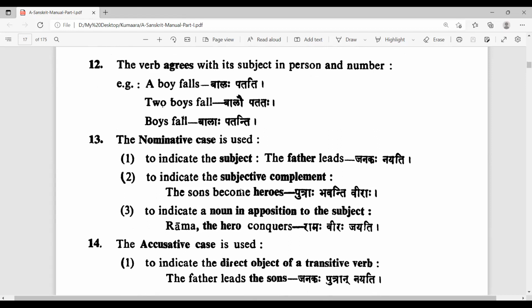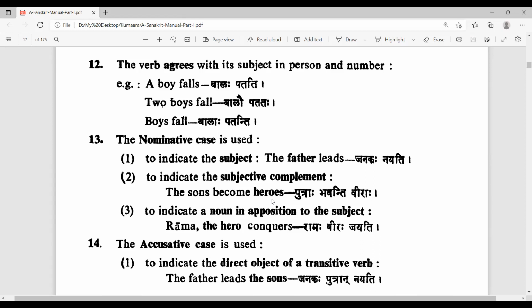The subject and the predicate are not separated by is, was, or become, etc. These words. The sons become heroes. Suppose this is a sentence given for translation. Now will you translate? Putraha viraha bhavanti. So here viraha, putraha both are in the same vibhakti, prathama vibhakti, bahuvachana.